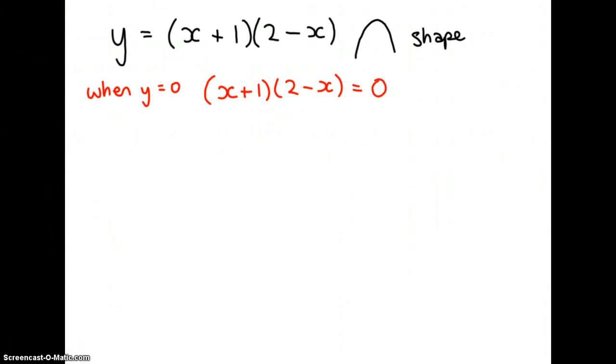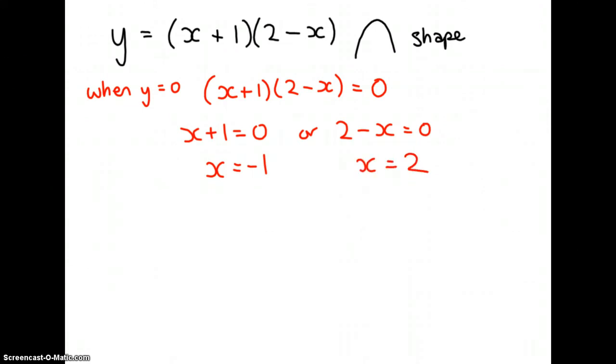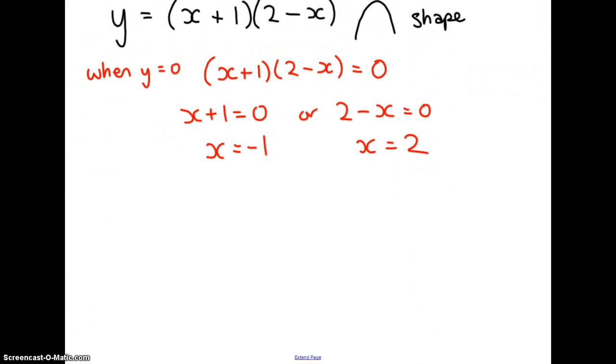So either x plus 1 must be 0 or 2 minus x must be 0. If x plus 1 is 0, then x is minus 1. If 2 minus x is 0, then x must be 2. So this graph is crossing the axes at minus 1 and at plus 2.